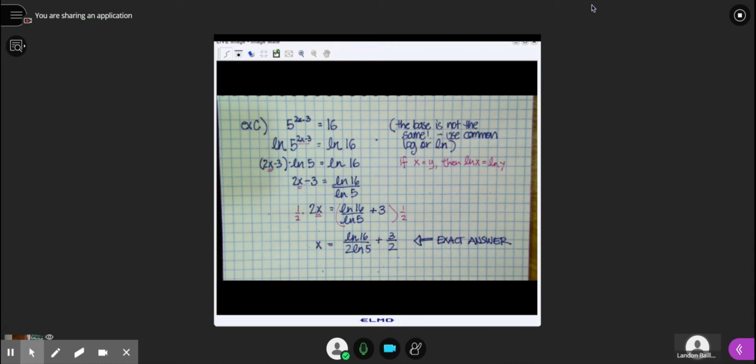As this is written, it is called an exact answer, meaning I haven't gotten a decimal approximation yet. I still need to plug everything into the calculator. I multiplied this entire side by 1/2, so that got distributed.